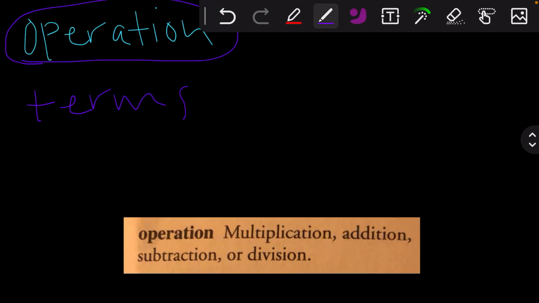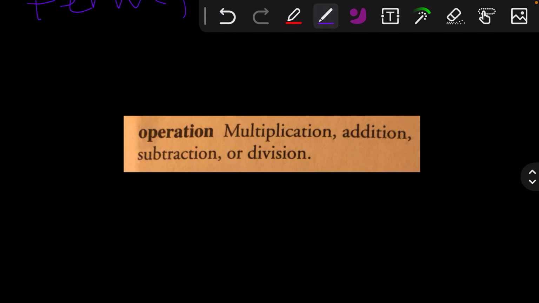And so let's look at this picture of a math book with a glossary. As a real straightforward definition for what an operation is, it's only 4 of them. We've got multiplication, addition, subtraction, and division.